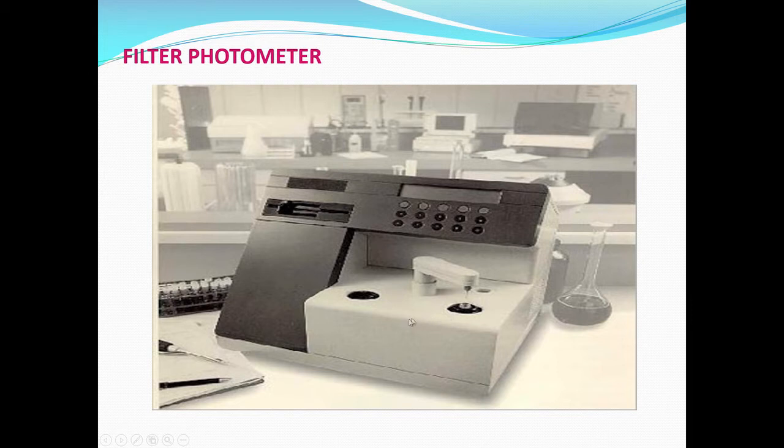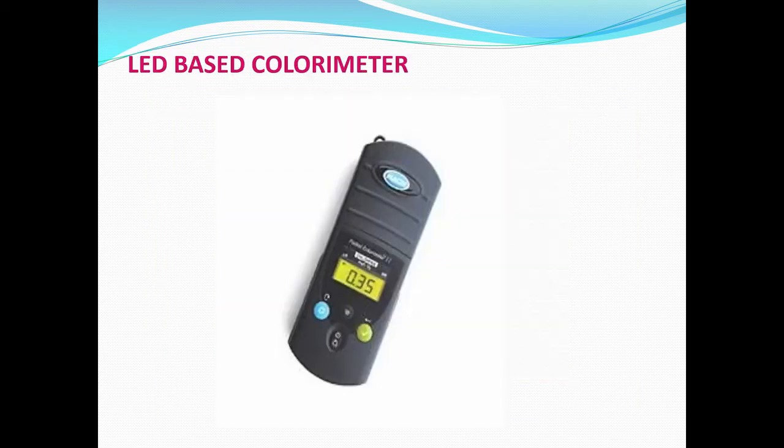The electronics and optics are in this white box, and that also houses the radiation source, that is a tungsten lamp or whatever it is. In most of the filter photometers only a tungsten lamp was being used. Nowadays they may be using LED lights with white spectrum.